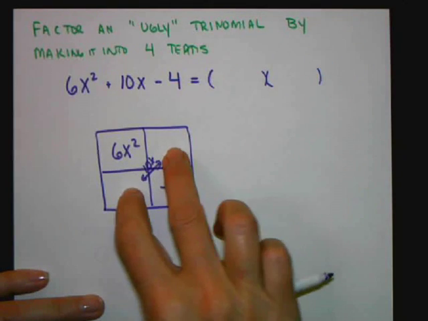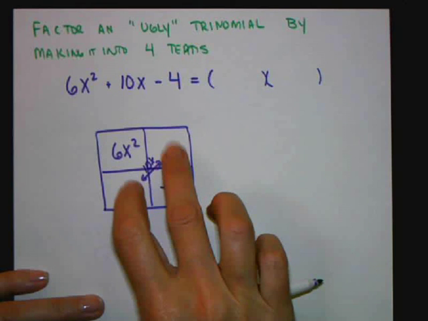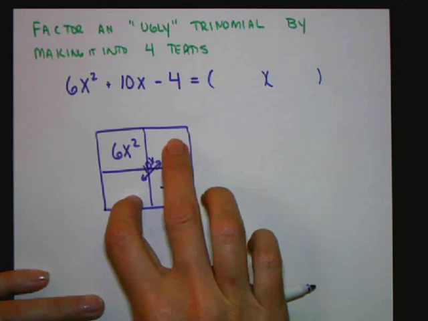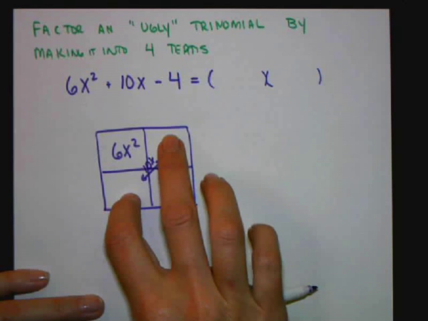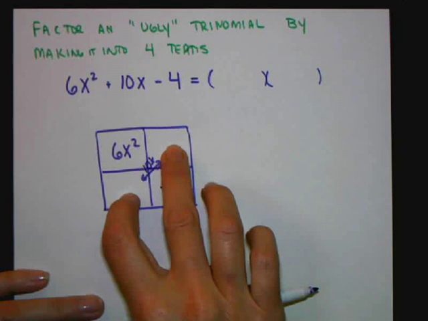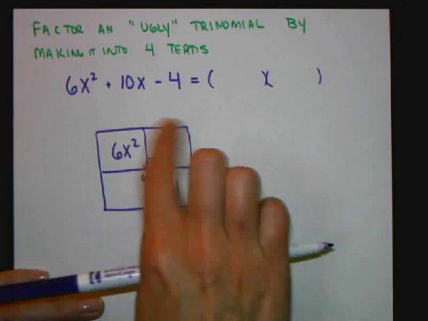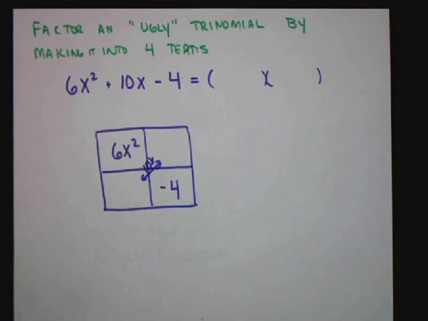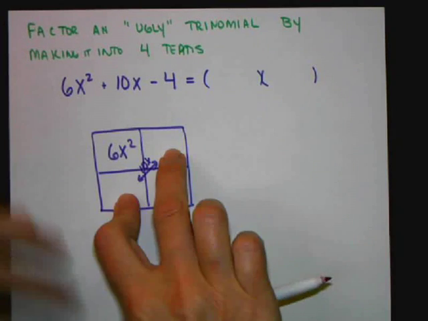But there's a lot of different combinations of things that could go in these boxes that add up to 10x. Could be 5x and 5x, 2x and 6x, 12x and negative 2x. Could be a lot of different things. And I would have to do a lot of guessing and checking of what factors go around the outside of this box. Here's a shortcut to show you how to find out what goes into these boxes.